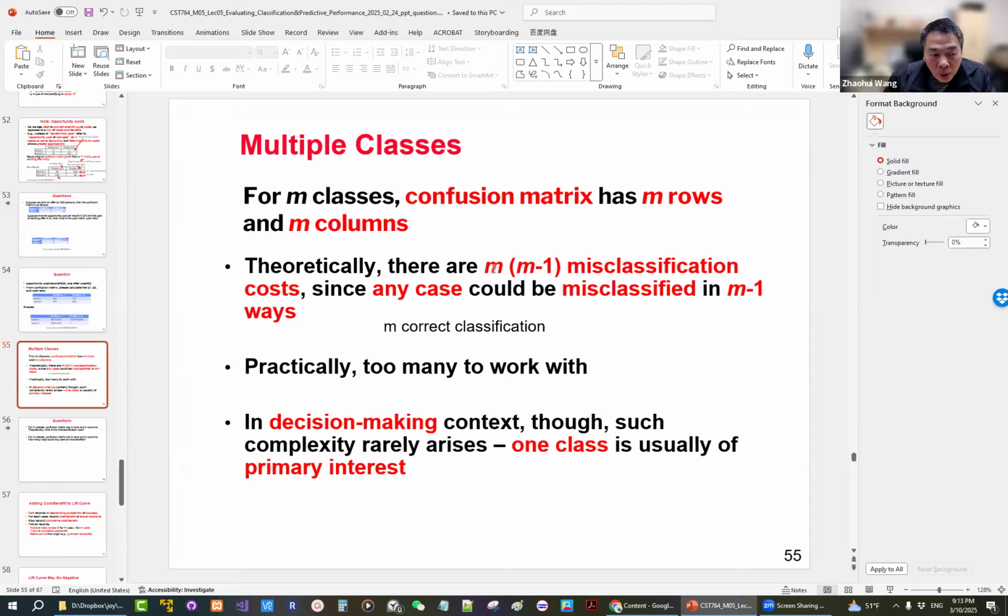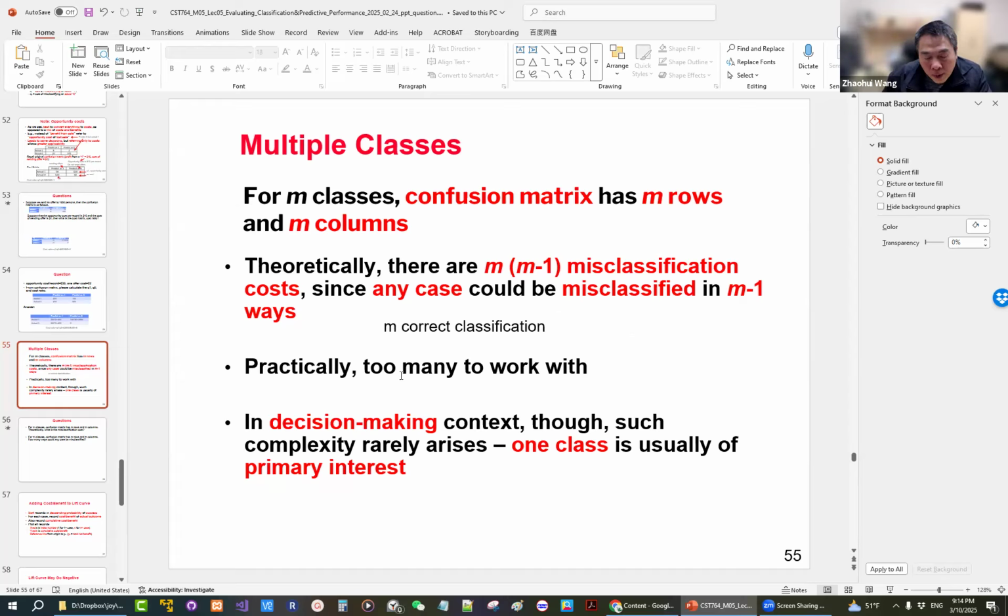And any case can be misclassified in M minus 1 ways. Only one is correct. The other classes will be wrong.